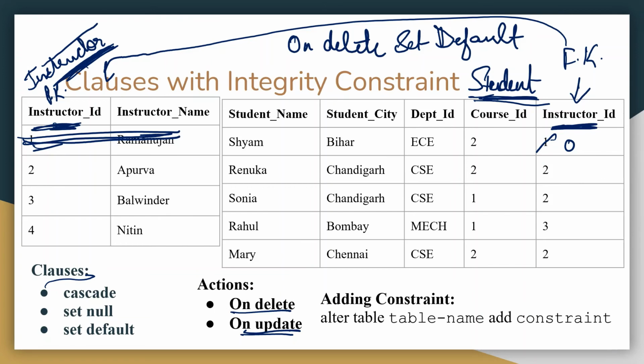So it will not allow you to put null value in the instructor table, but you do not have the same constraint in case of student table. It can be null, it can be 0, it can repeat as it is repeating in this case. Okay, no, it is not repeating because the student names are different, but you can have two students being taught by the same instructor.